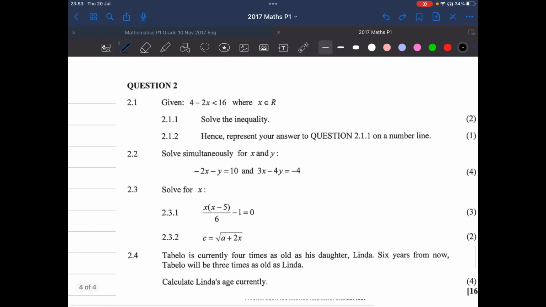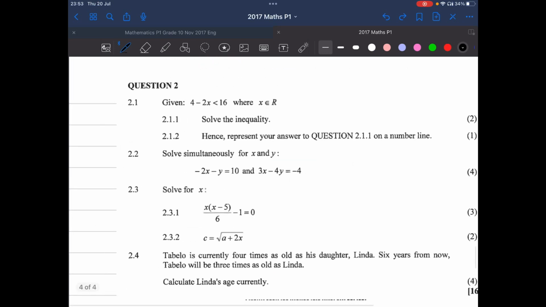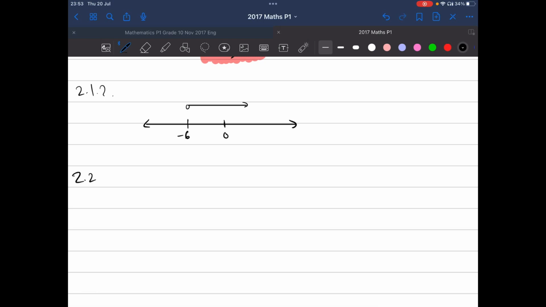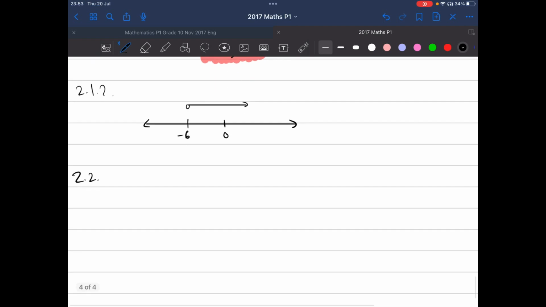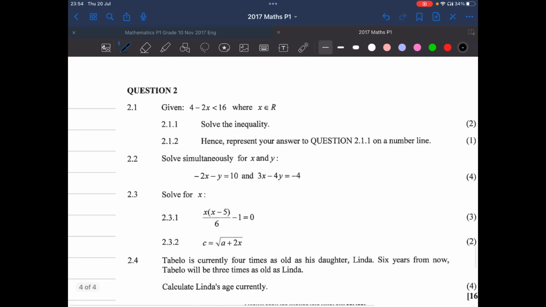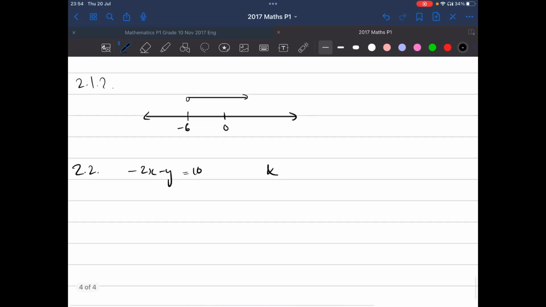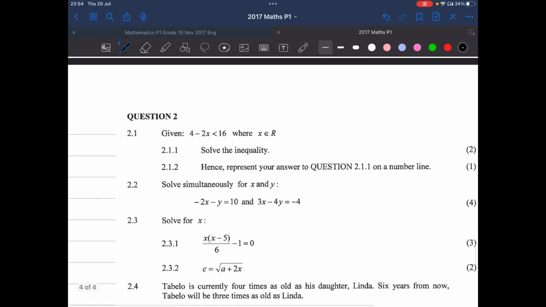Okay, the next one is 2.2, so simultaneous equations. So our two equations are minus 2x minus y equals 10, and 3x minus 4y equals minus 4.